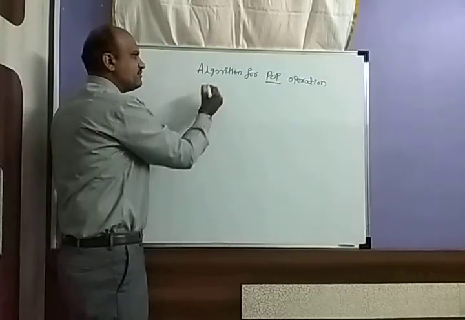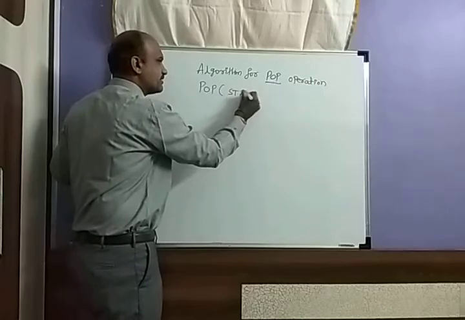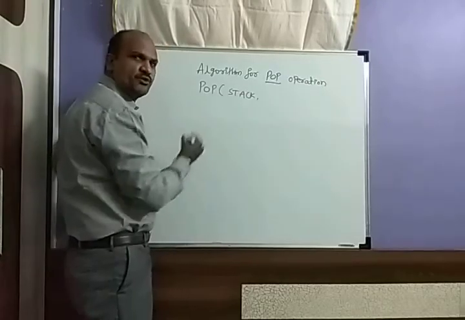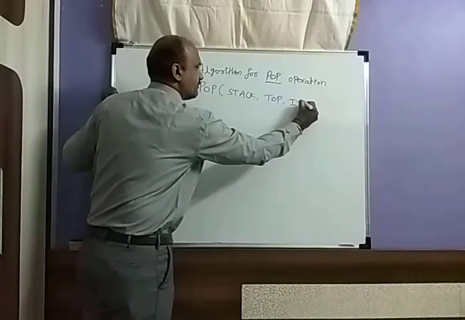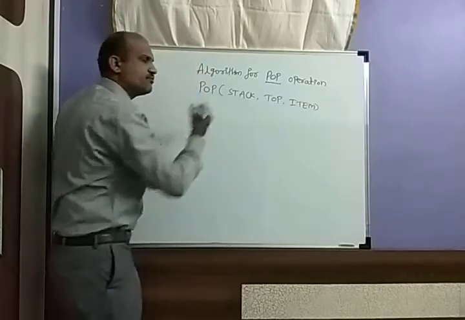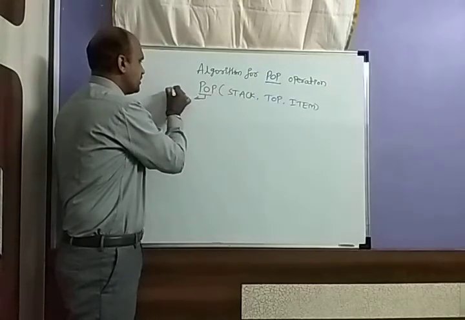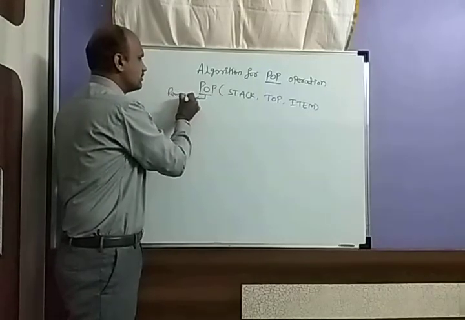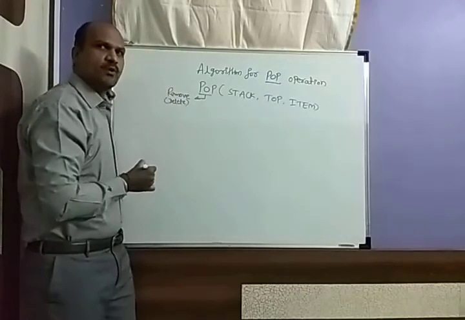Again here also, it is the same. When you go for the pop operation, you need the stack, the top, and also the item. As we discussed here, pop means removing or deleting.